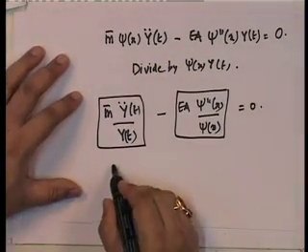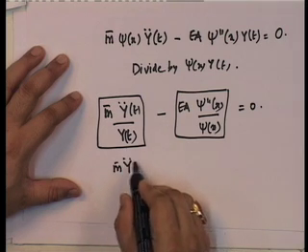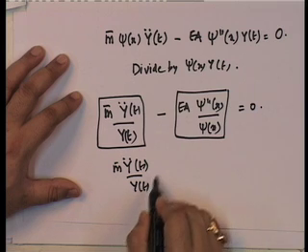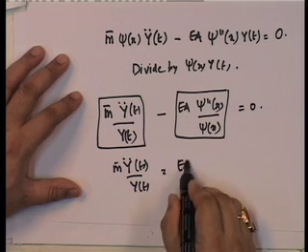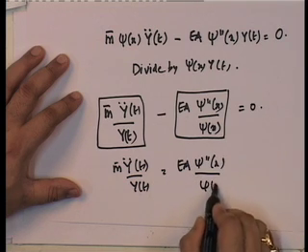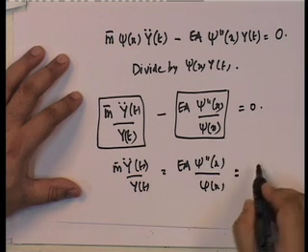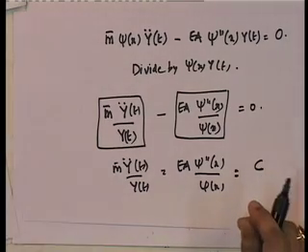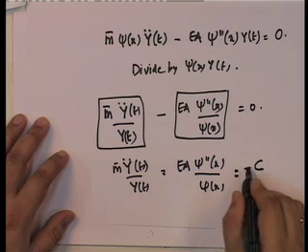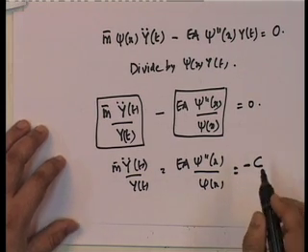So in other words, m bar y double dot upon y equals EA xi double prime upon xi(x), equal to some constant, and for now I will call that minus c. I will explain why I am putting that as minus c.